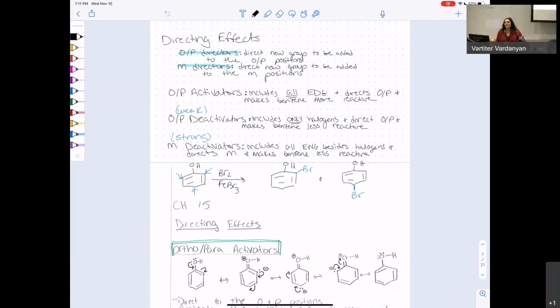So by default, which position is more nucleophilic? The meta, yes, awesome. So any questions about general directing effect stuff? Yeah, so on benzene rings, all the resonance structures will give a charge on the ortho-para positions. It just depends on whether it's negative or positive.